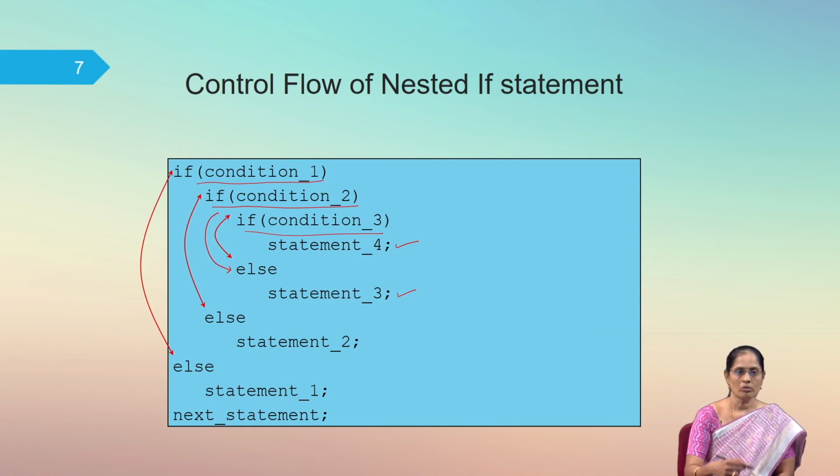And now, it again checks condition 2. If it is true, it executes the complete if block, if it is false, it executes statement 2. So, this is how the control flow of the nested if statement changes, because it is not a sequential control flow, it changes the flow of control, since we are using more than one if statement.